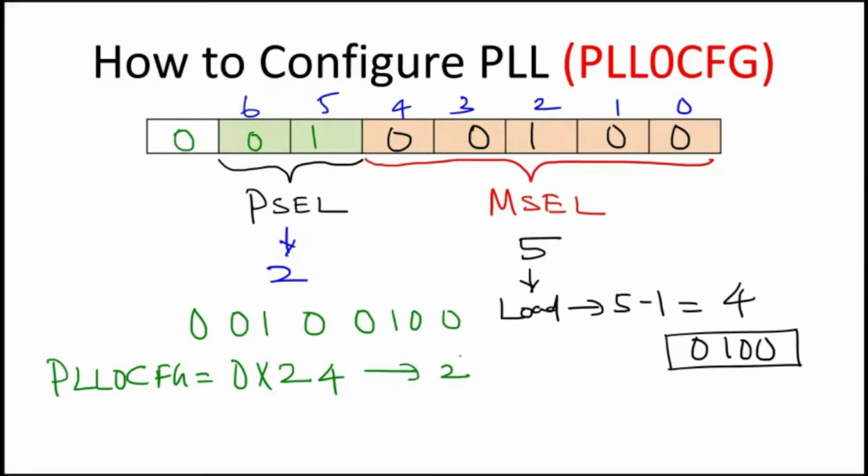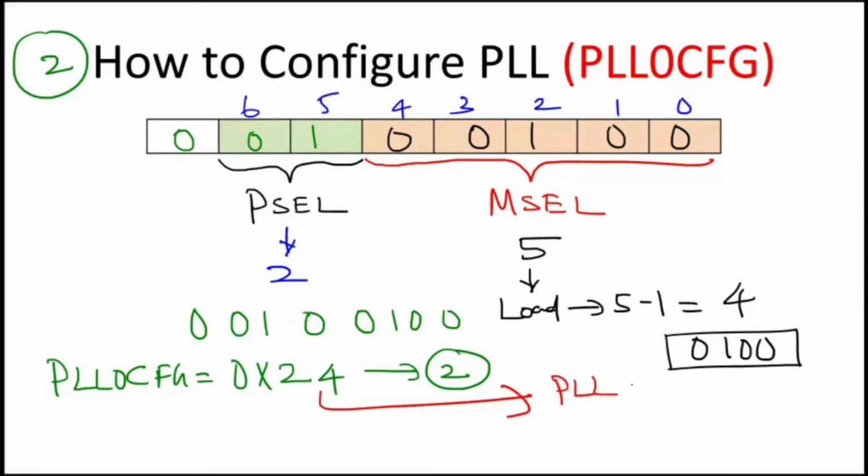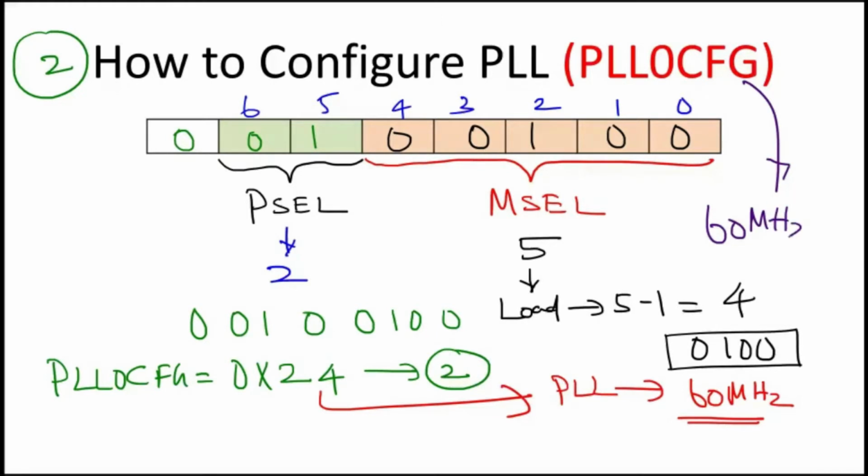This is my second part. If I load PLL0 with hexadecimal 24, I am preparing the PLL with the appropriate values of M select and P select so that it ends up generating 60 megahertz. So that is the job of your config register. The config register is used to make the PLL generate a 60 megahertz output.